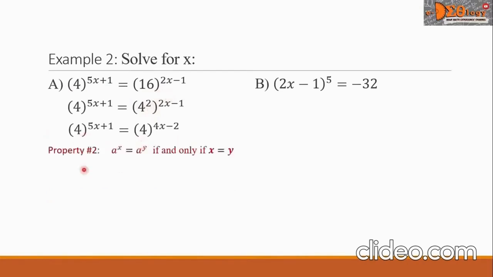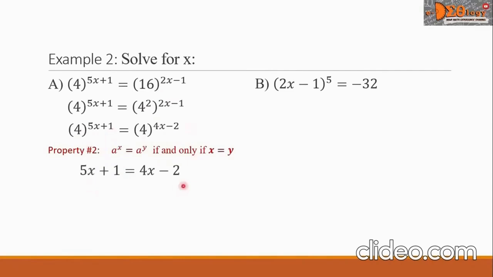And according to property number 2, a raised to x equals a raised to y if and only if x equals y. It means to say, we can copy the exponents 5x plus 1 in here and equate that with the exponent of the right side, 4x minus 2.